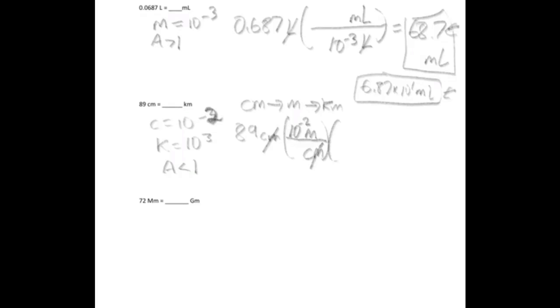Centimeters will cancel. Now we go from meters to kilometers. There are 1,000 meters in 1 kilometer. So now meters cancels. We'll wind up with units of kilometers. It'll be 8.9 times 10 to the minus 4.